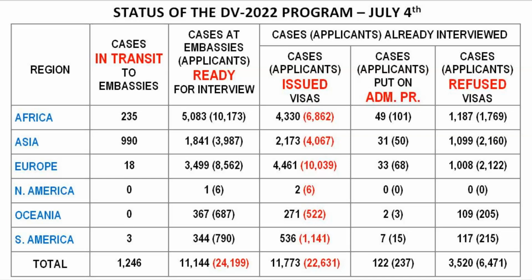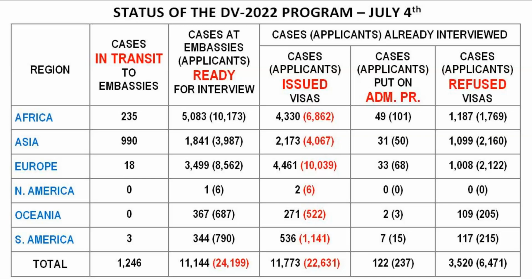Now from that column onwards, you will realize that we have two numbers in each cell. One is outside parentheses and the other is in parentheses. The number that is outside parentheses is the number of cases, and then the one that is in parentheses is the number of applicants that are in those cases.